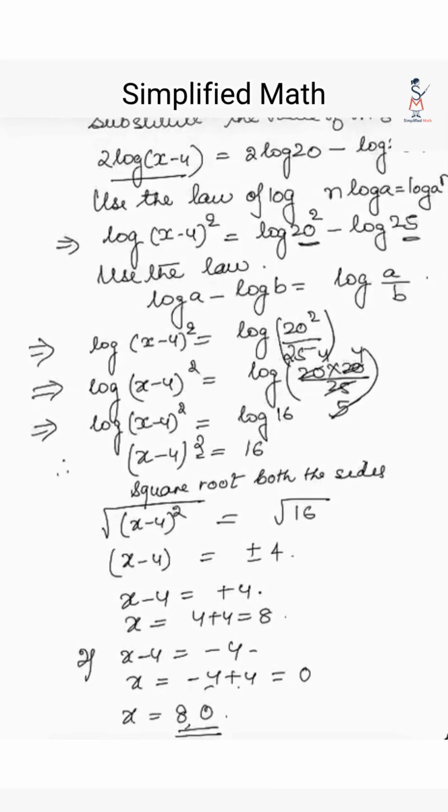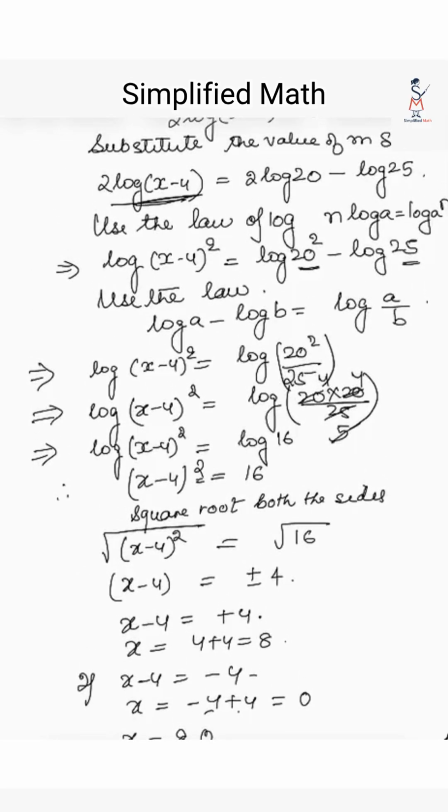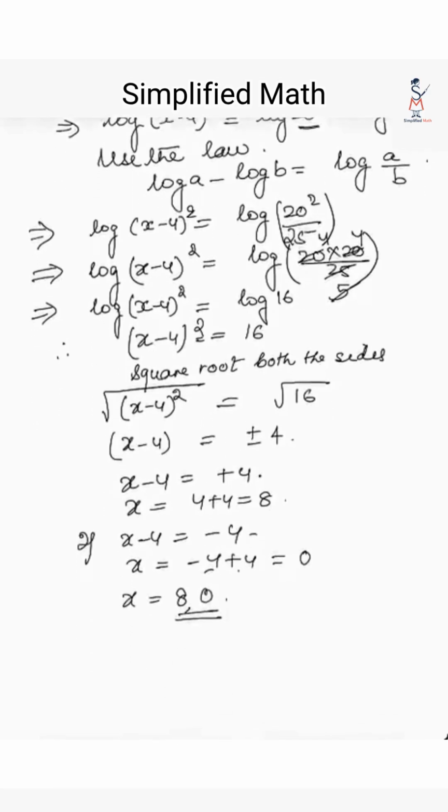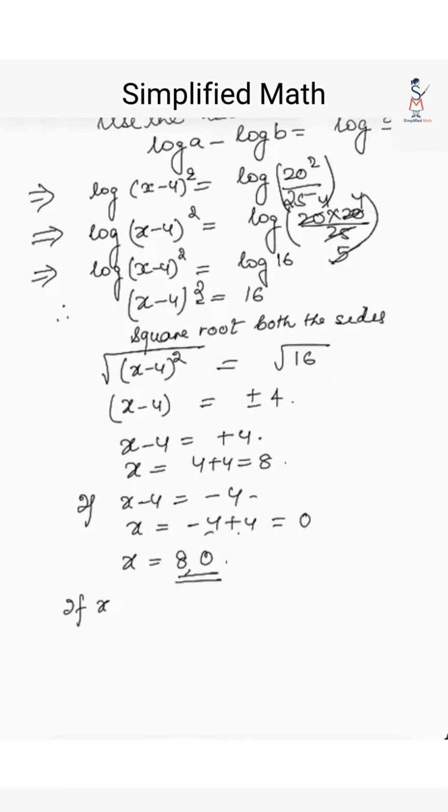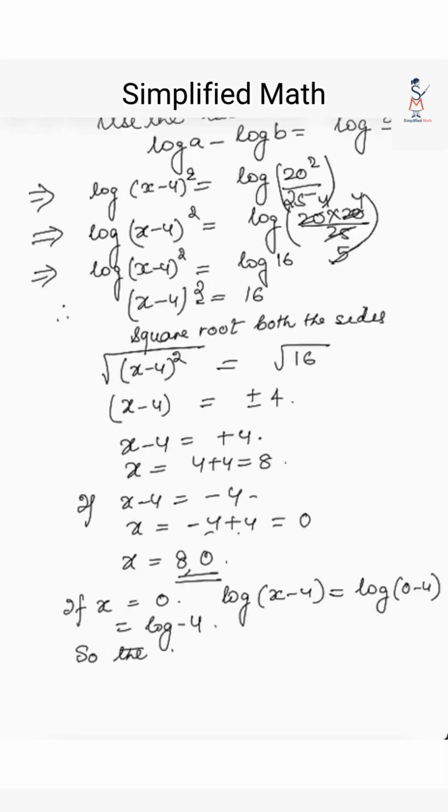Now we have seen here what was there: log (x minus 4). So if x is 0, log (x minus 4) will become what? Log (0 minus 4), that is log of minus 4. So we know that the log of a negative number is not defined, so x is not equal to 0.